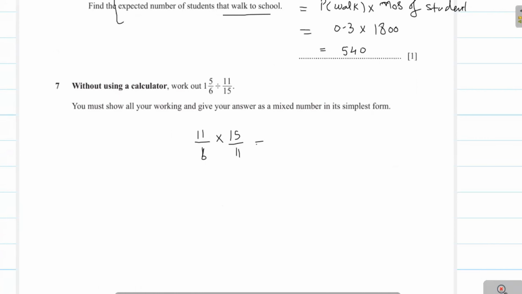Now we can cancel the 11. Therefore, 15 over 6. Now we can divide this fraction by 3. Therefore, 15 divided by 3 and 6 divided by 3, we get 5 over 2. And we can write it as a mixed fraction: 2 times 2 is 4, 1 is the remainder, so 2 1/2. This is the answer.